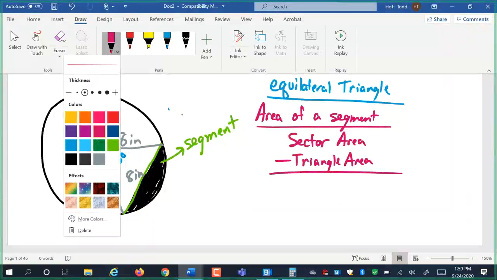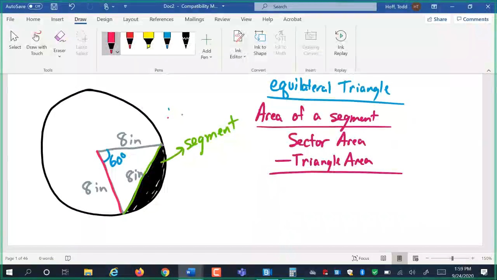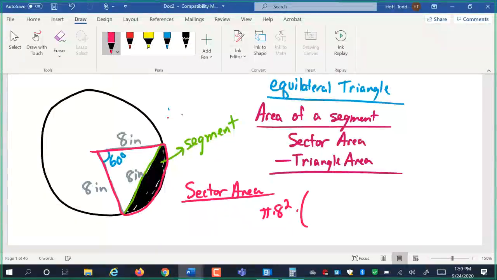So here, that whole sector area is going to be the area of the circle, pi times 8 squared, that'd be the area of the whole circle, times, I'm going to do this all at once here, 60 degrees over 360.